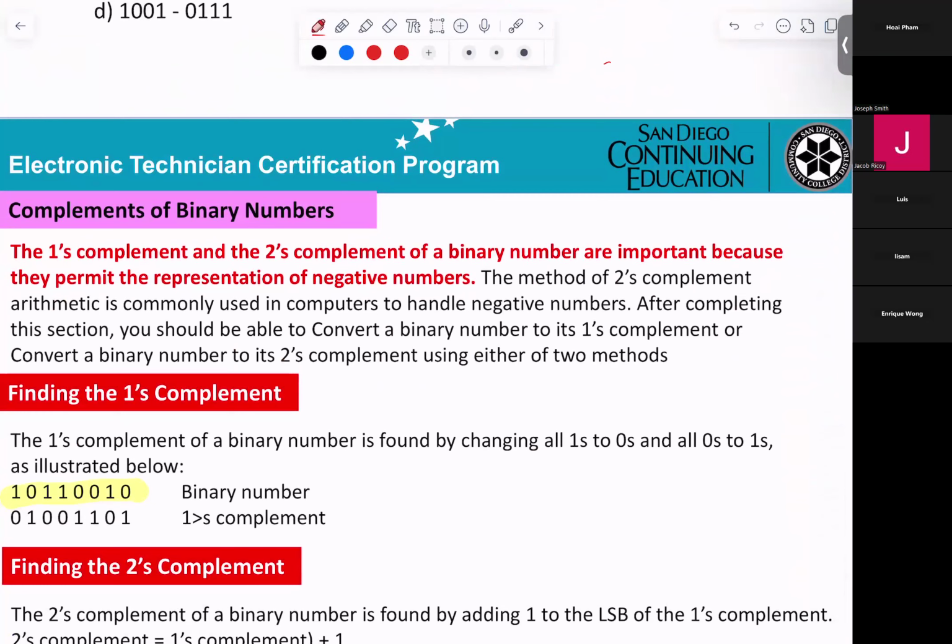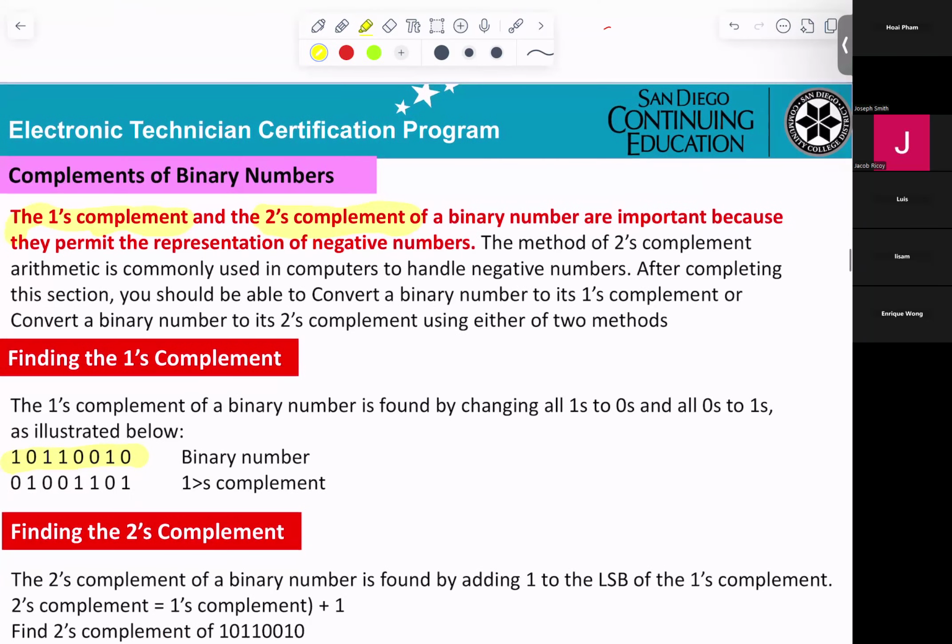Now they're talking about first complement. First complement. Second complement. Make sure you understand everything. In order to get better, you have to be reading what the first complement is.